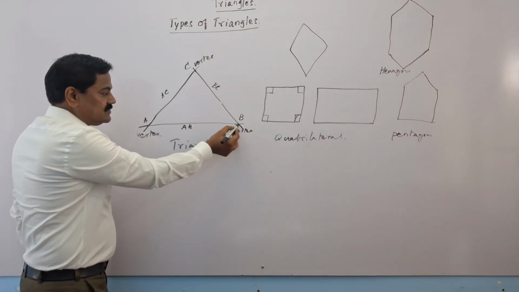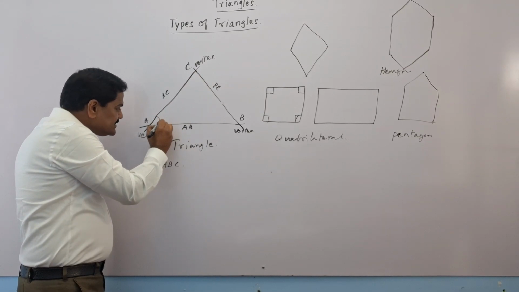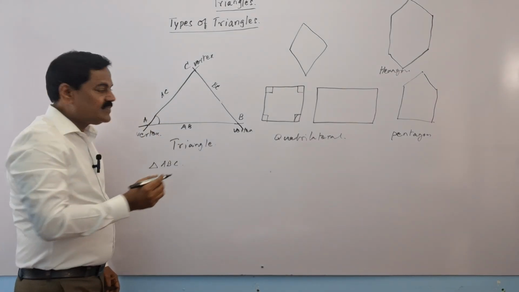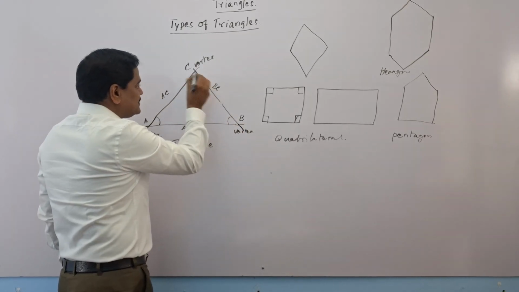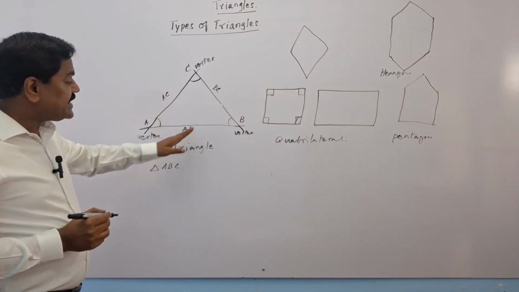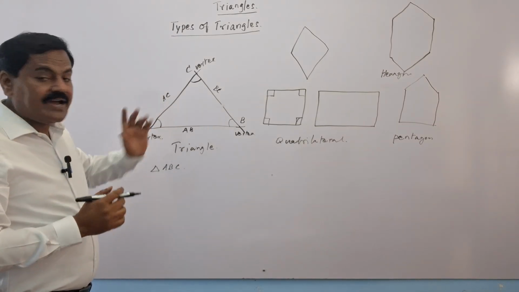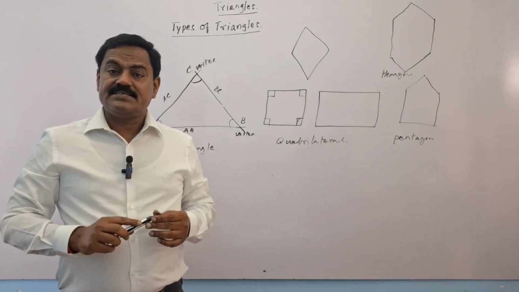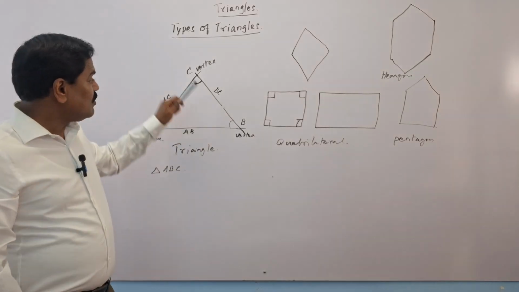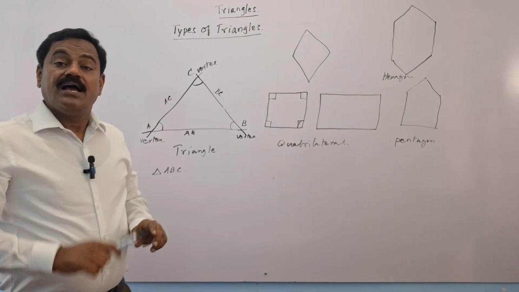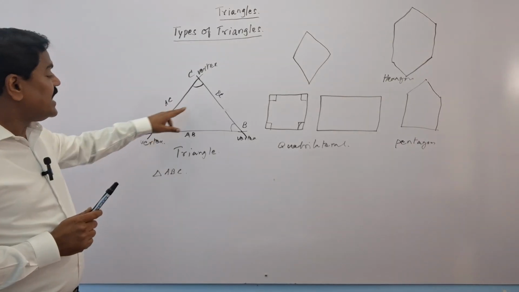In every corner, when these lines are intersecting, it forms an angle inside the triangle. You can see here three angles. So a triangle will have three angles. We can simply define a triangle as a simple polygon formed by the intersection of three lines. A triangle will have three lines, three vertices, and three angles.